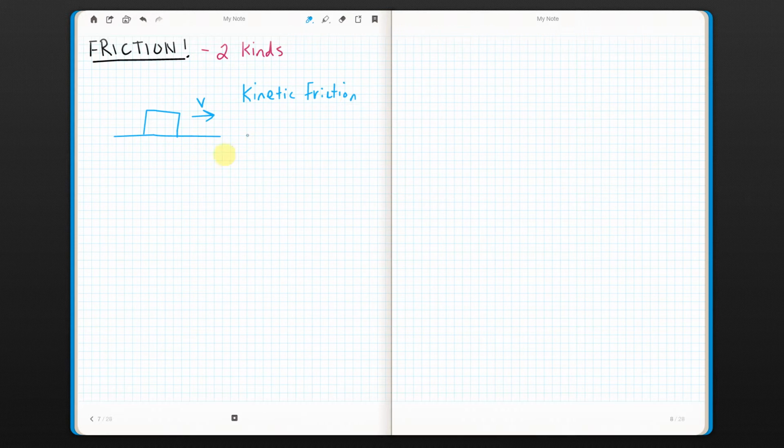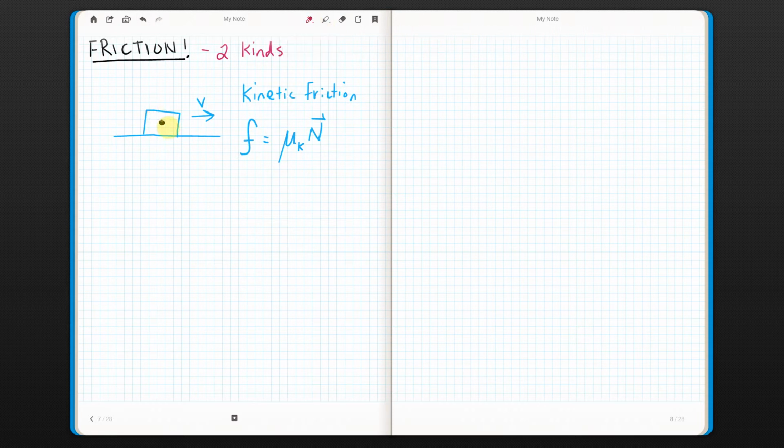Okay? And it is a constant. It doesn't really matter how fast the box is moving or anything. The kinetic friction is always found by friction equals the coefficient of kinetic friction times the normal force. That's it. Where the normal force is the force between the box and the surface that it's sliding across.